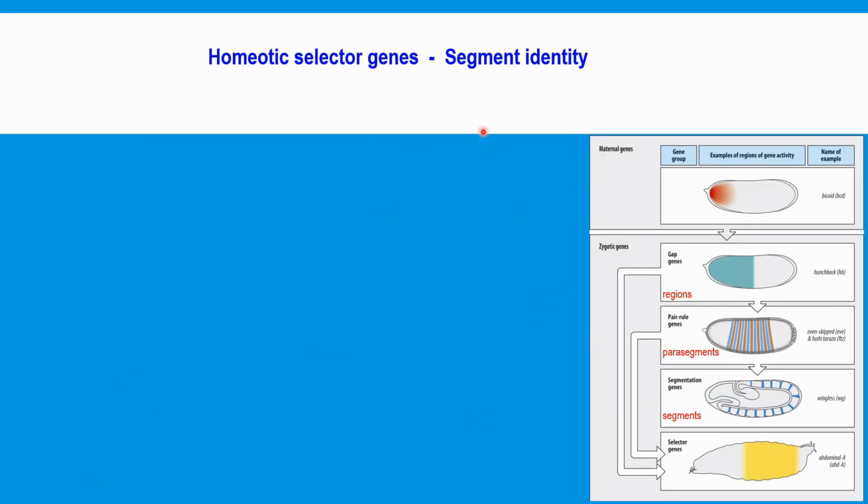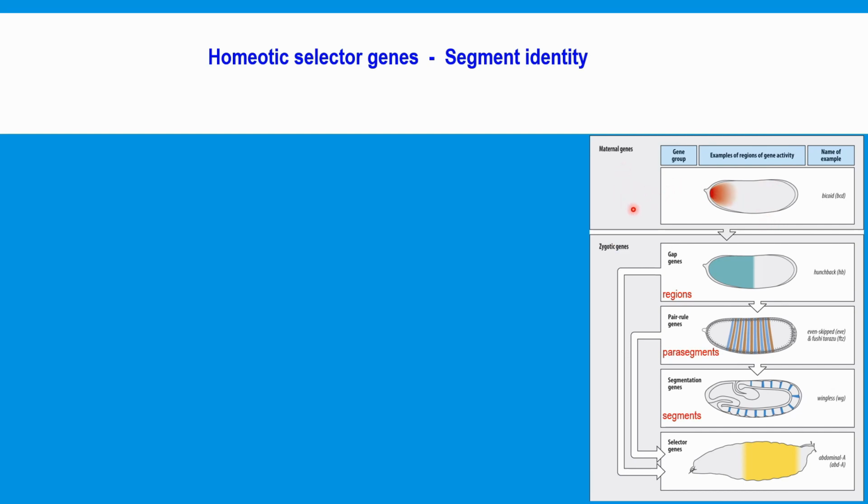So this brings us to the last part of this talk, where we meet the homeotic selector genes, which are involved in maintaining segment identity. And this is just a reminder of what we've gone through so far.